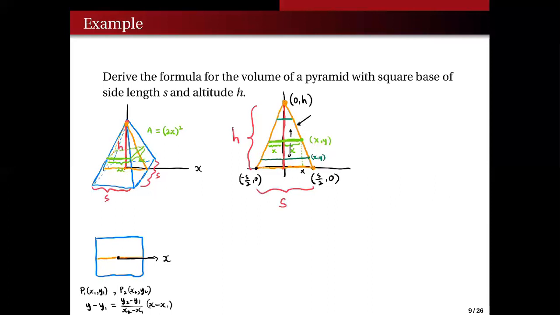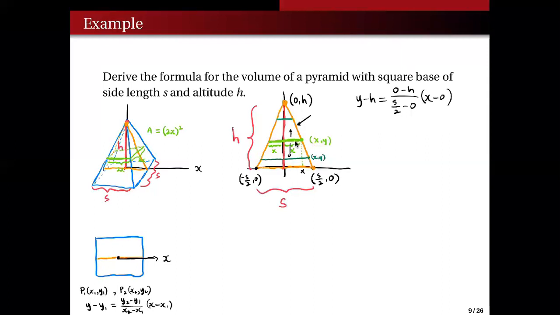And for this segment in here, we are given two points. This point here and this point here. So following the two-point form, we will have y minus h equal to 0 minus h divided by s over 2 minus 0 times x minus 0.